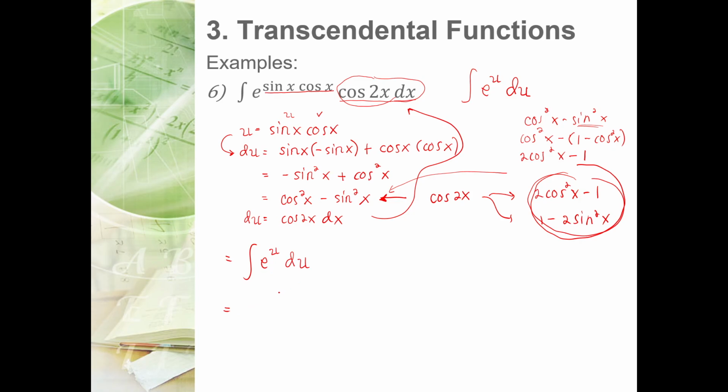And again, since the integral of e^u is just e^u again, so we have e^u plus C. Then we have e to the power of sine x cosine x plus C. Okay, so that's the final answer.